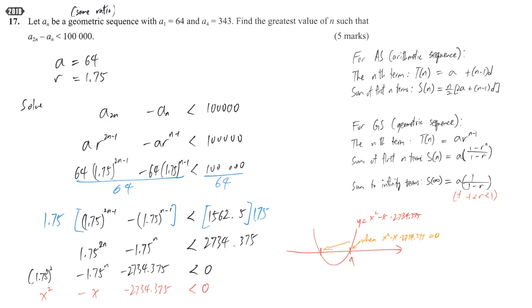Then we get x is equal to 52.79 something, and another root is x equal to negative 51.79 something. So in this situation, we are searching for the range that makes this curve below the ground, because we want the target range smaller than 0. So our target range is this region.